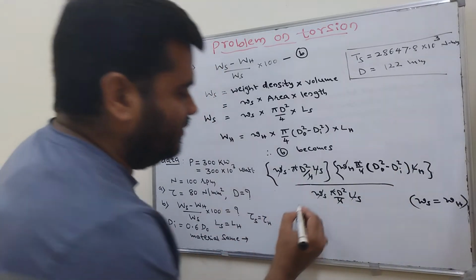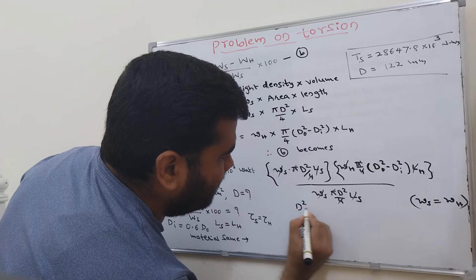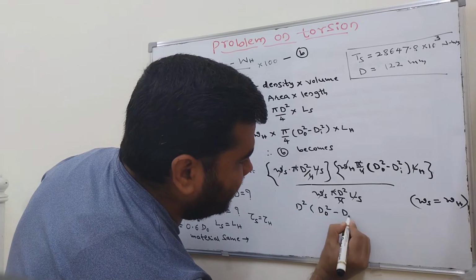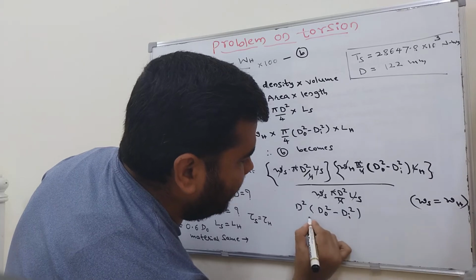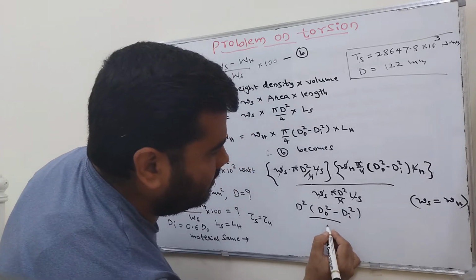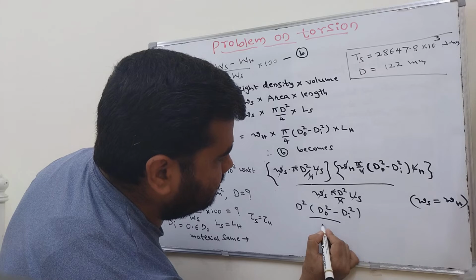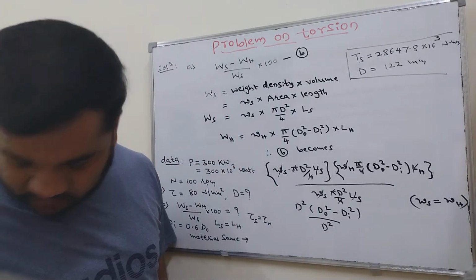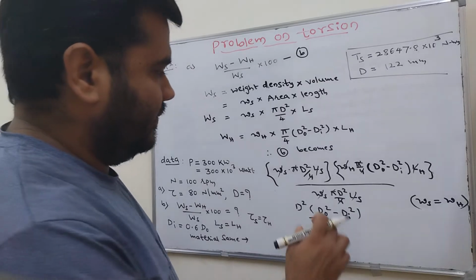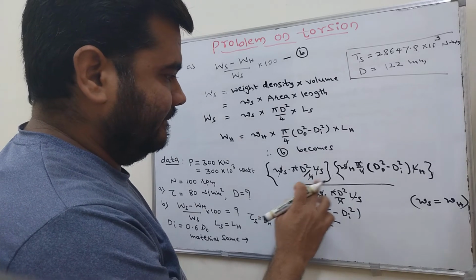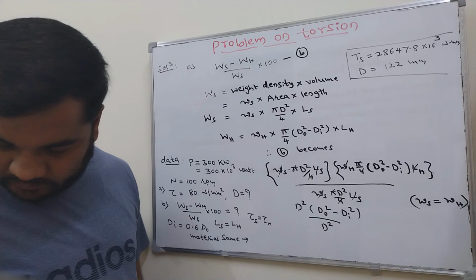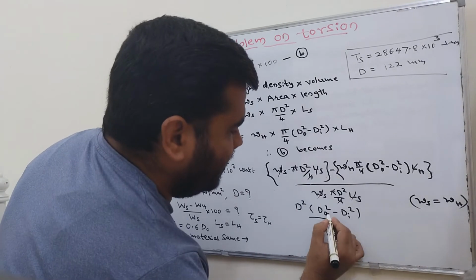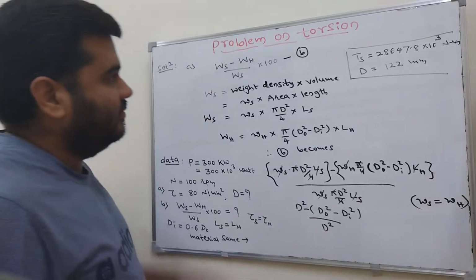So write the remaining terms: d square minus (d naught square minus di square), divided by d square. This is minus, and here also minus we will get, because this minus this.